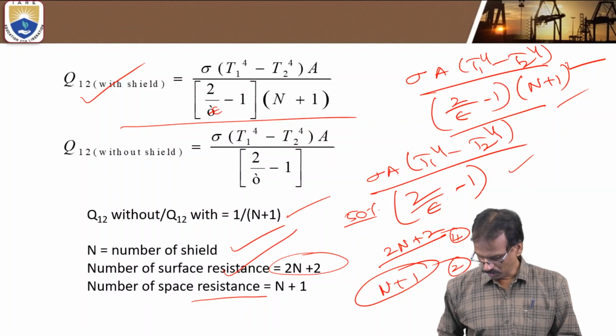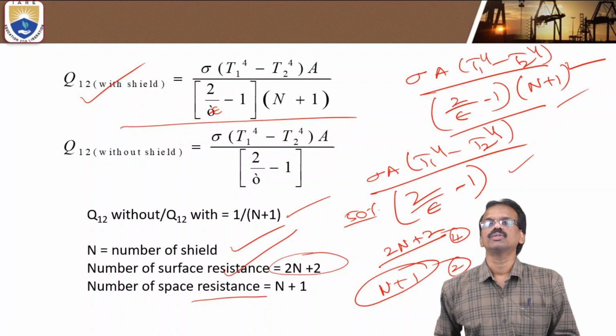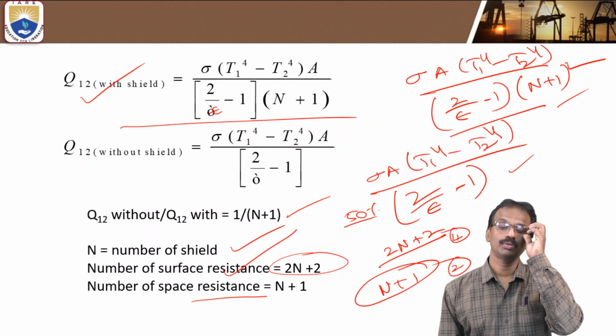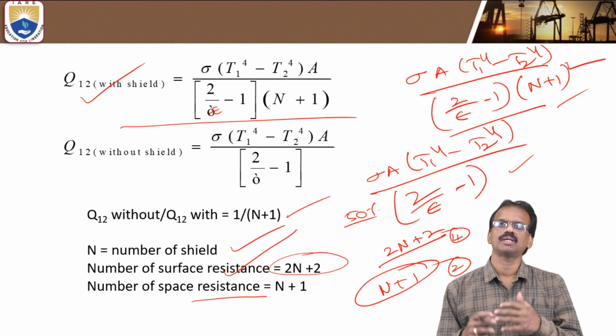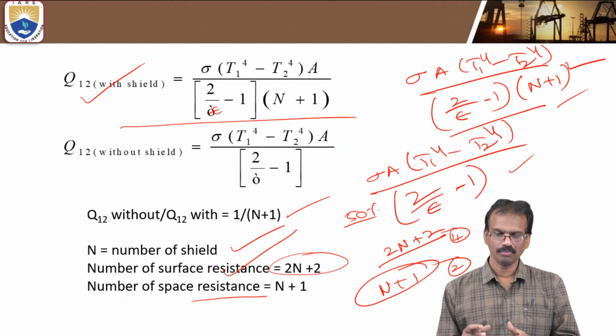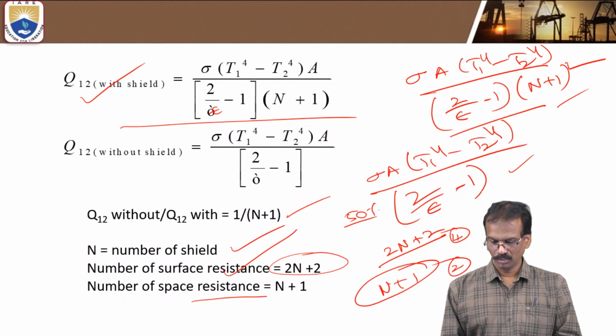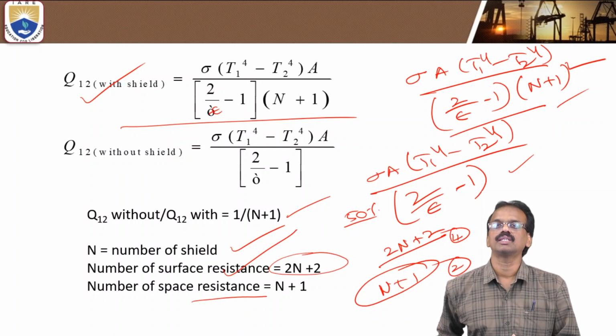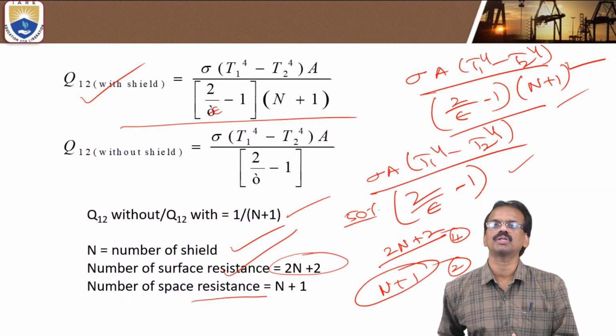So these are the formulas; we can remember them. Finally, we have discussed different formulas for the rate of heat transfer between two surfaces for different positionings and conditions. Based upon these formulas, we will solve a few numericals.